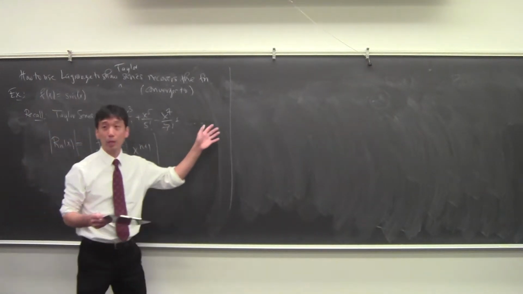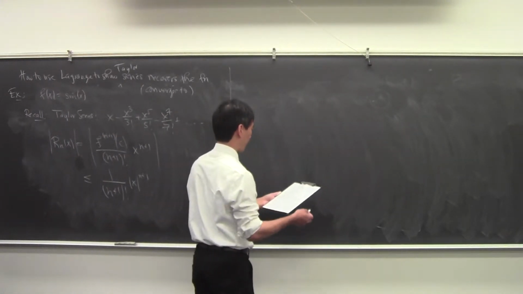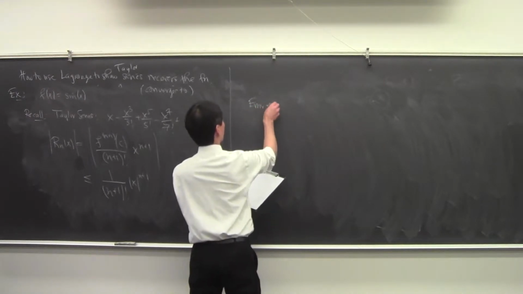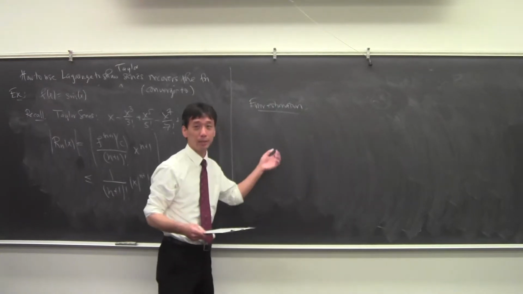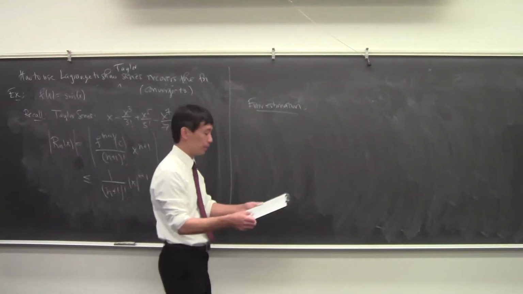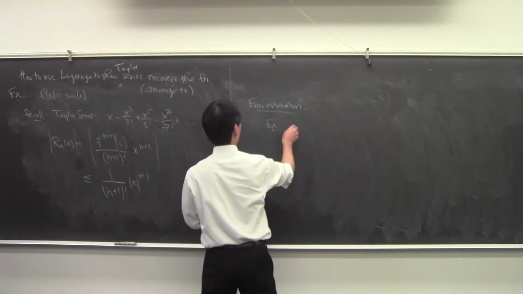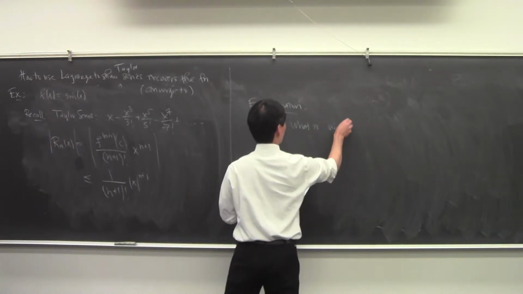As a bonus, we also get this game of error estimation. Along the way, this is just like a side comment, you also get some estimates on the size of the error. So, for example, what is the sine of the number 1?